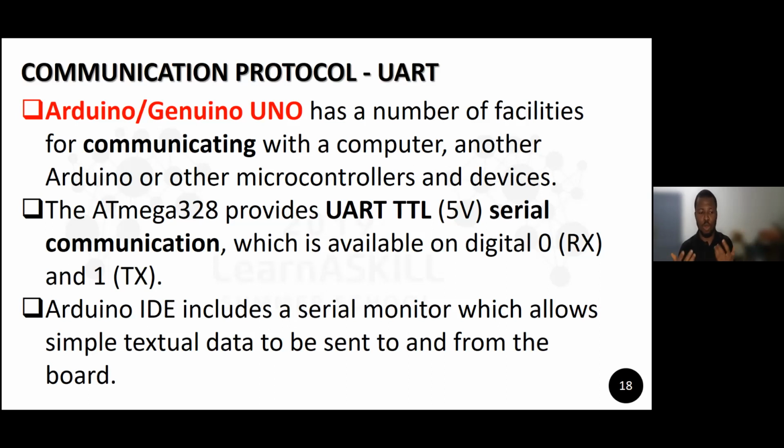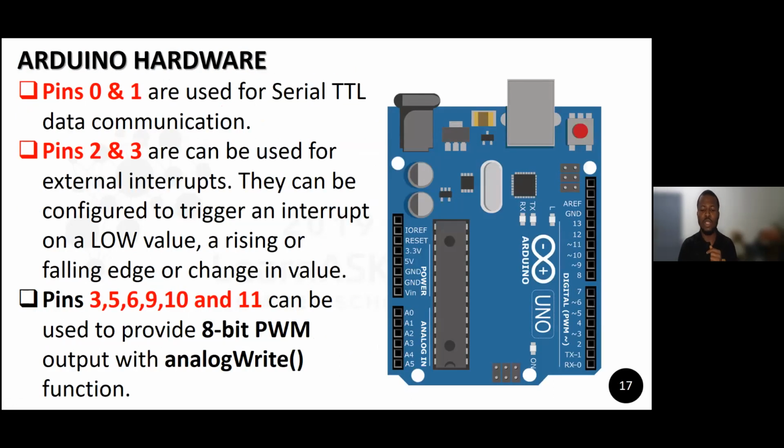In the UART communication, 2 pins are being used, and on the Arduino, these are pins 0 and 1. If you look on an Arduino, you realize that pin 0 is labeled RX and pin 1 is labeled TX.